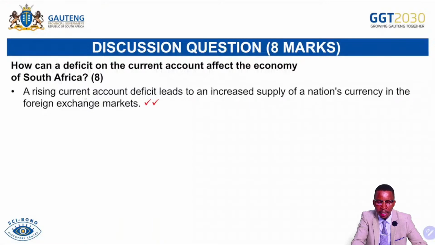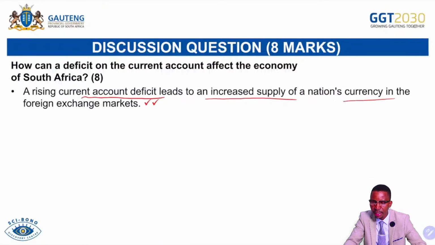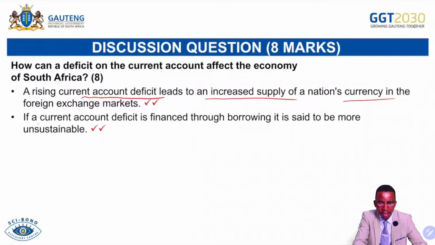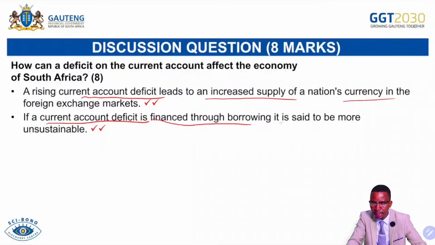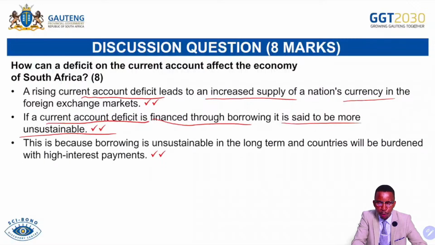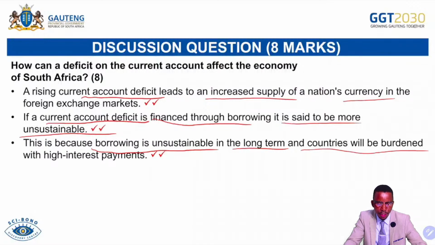A rising current account deficit leads to an increase in supply of the nation's currency in the foreign exchange markets. Then if a current account deficit is financed through borrowings, it is said to be more unsustainable because remember, borrowings are only a short-term solution. This is because borrowings are unsustainable in the long term, and countries will be burdened with high interest rates to be paid in the long term.